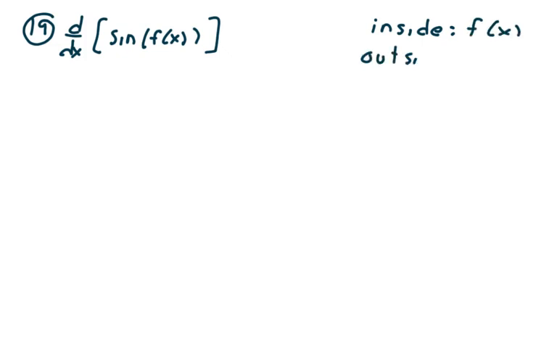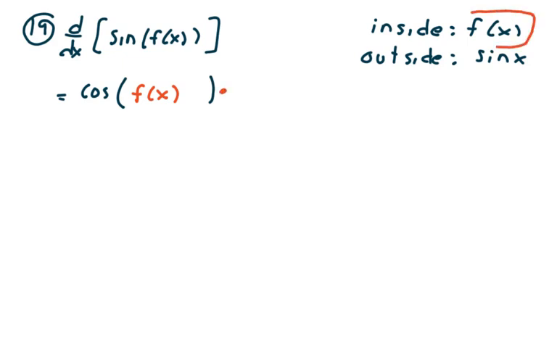What's outside? The outside function is just sine of x. So it's the derivative of the outside, but we're going to evaluate it at the inside. And I'm going to take that answer, and then I'm going to multiply by the derivative of the inside function. Just like this.